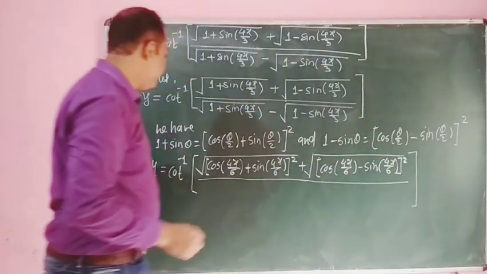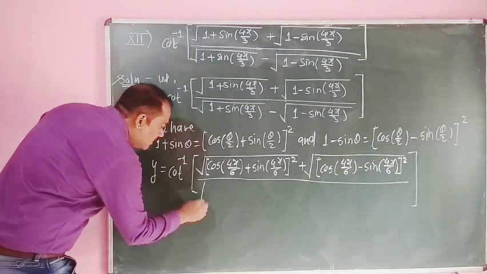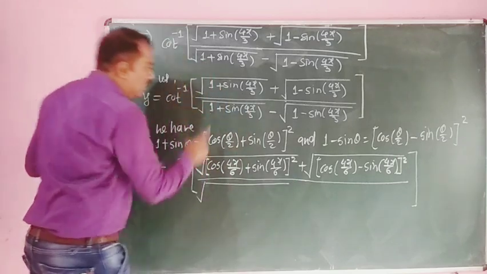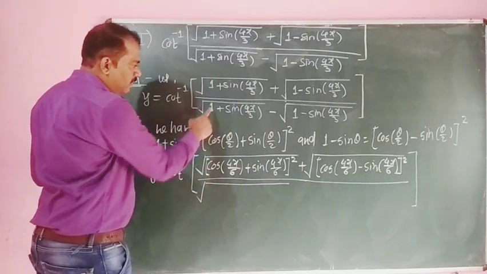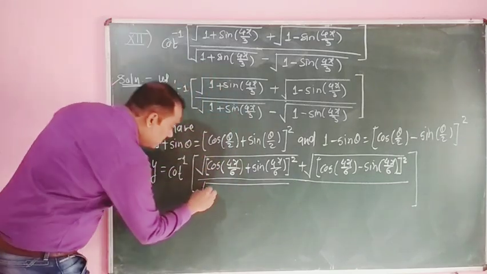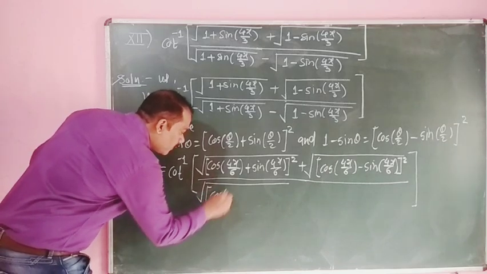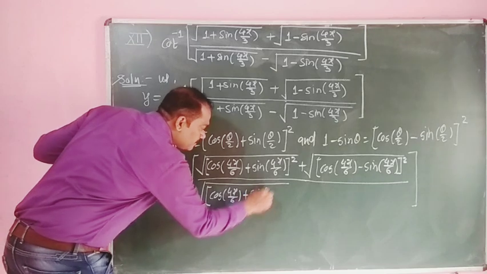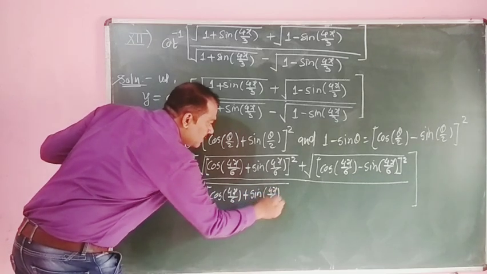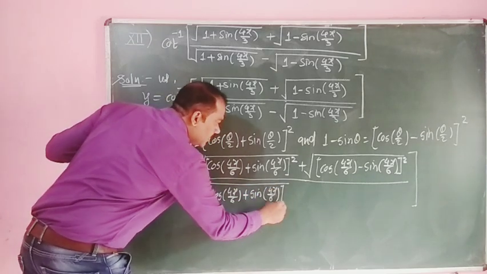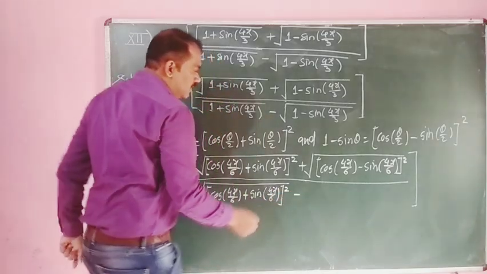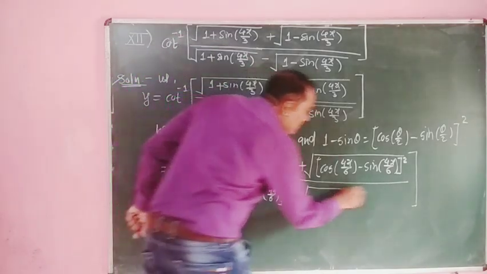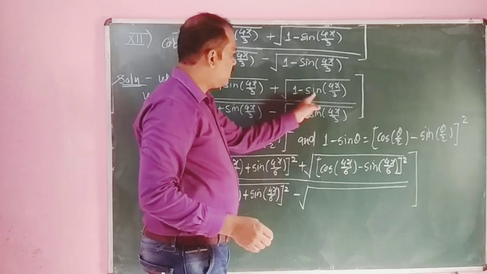Whole divided by, here we have to get under square root of, the same formula we have to use here, 1 plus sine theta, that is (cos of 4x by 6 plus sine 4x by 6) bracket square, minus under square root of 1 minus sine 4x by 3.